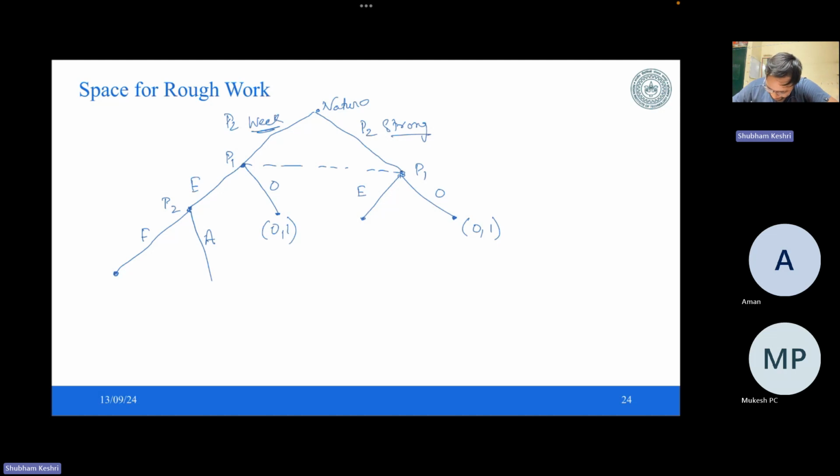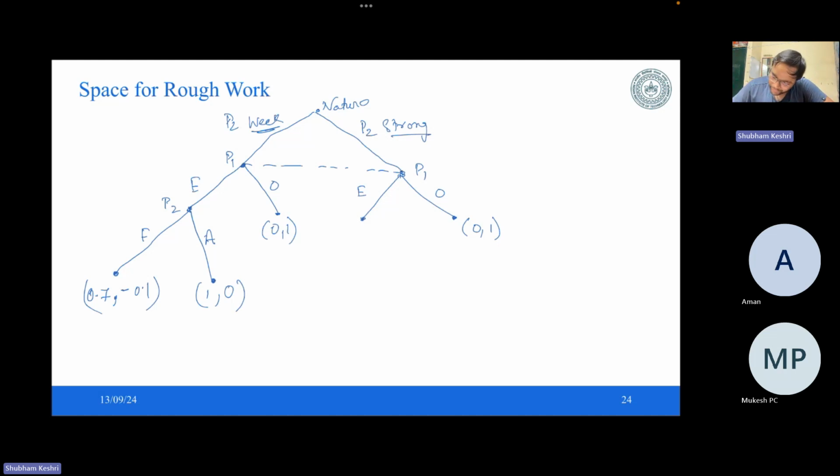If he fights, player 2 will get a utility of minus 0.1 and player 1 will get a utility of 0.7. These are the values I have taken in my example. And if he accommodates, player 2 will get a value of 0 and player 1 will get a value of 1. All right. So these are consistent with the idea of the problem.